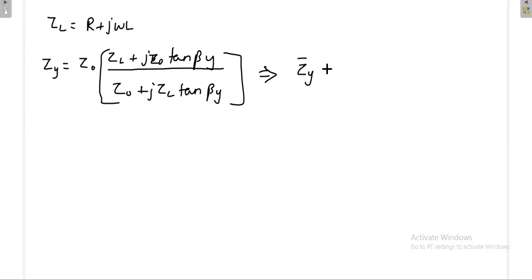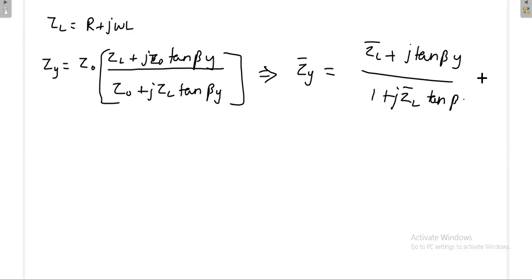Z(y) bar equals (ZL bar plus j tan beta y) divided by (1 plus j ZL bar tan beta y). Once I normalize, it will become like this.